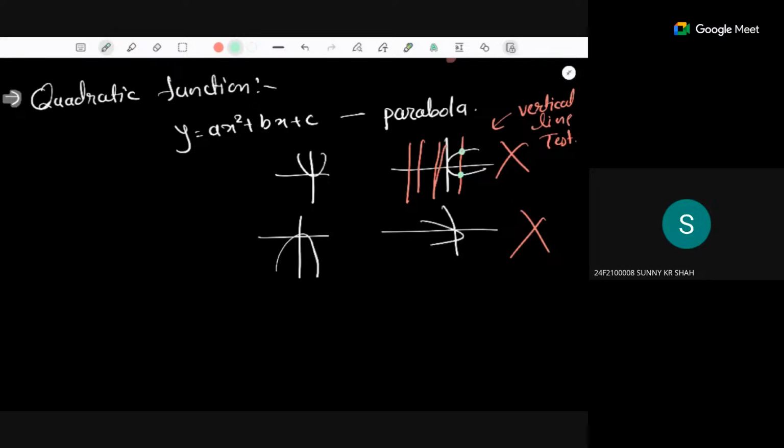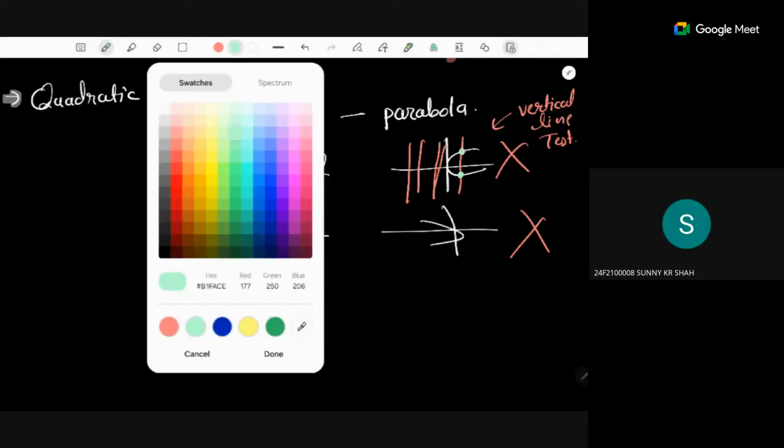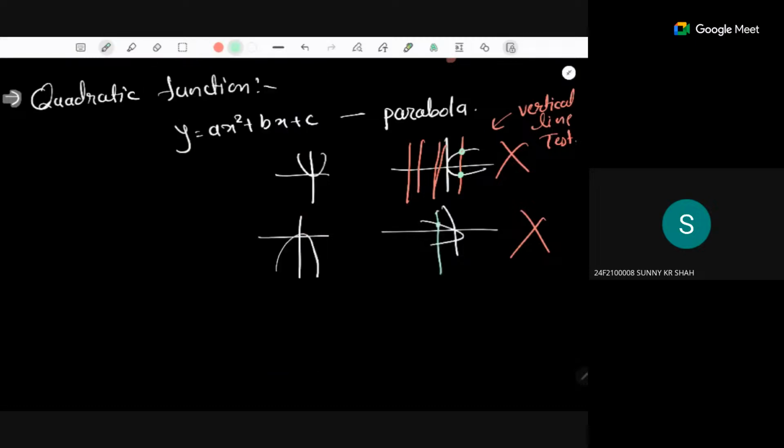So this particular figure does not represent a function because of the vertical line test. I hope you remember it. Similarly, this graph also does not qualify as a function, because if you draw this vertical line, it will intersect the graph at 2 points. It is not a graph of a function.